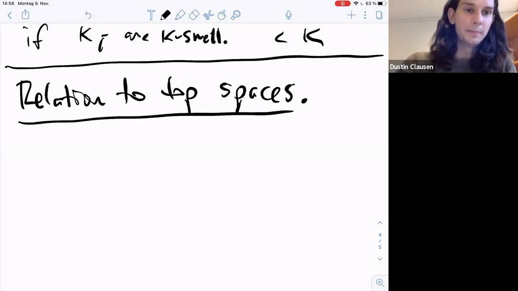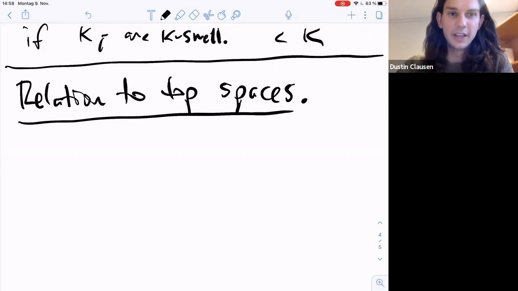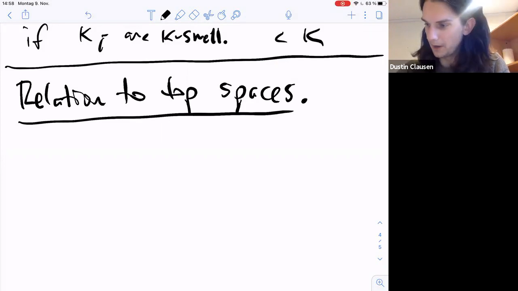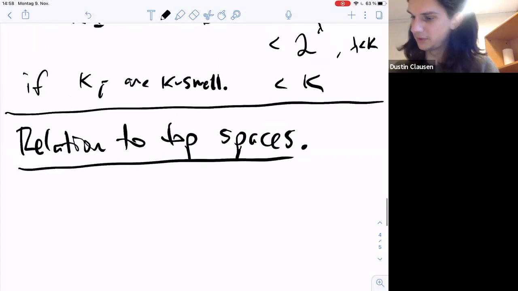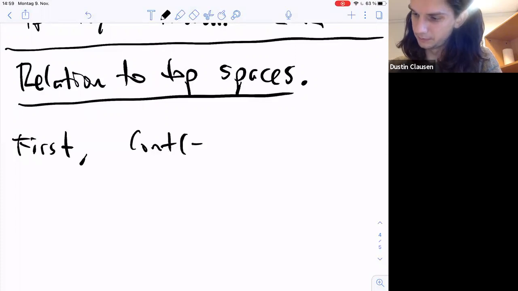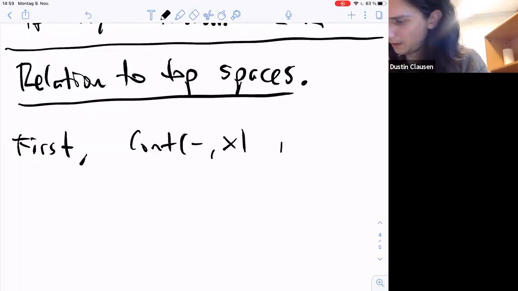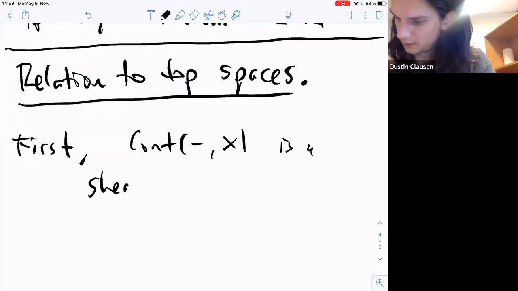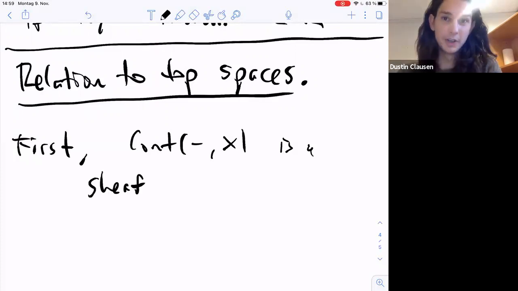And I want to actually start by working internally to condensed sets. So, well, first of all, we know that, because the topology is subcanonical, these representable presheaves, in this category of compact Hausdorff spaces, are sheaves for the topology.